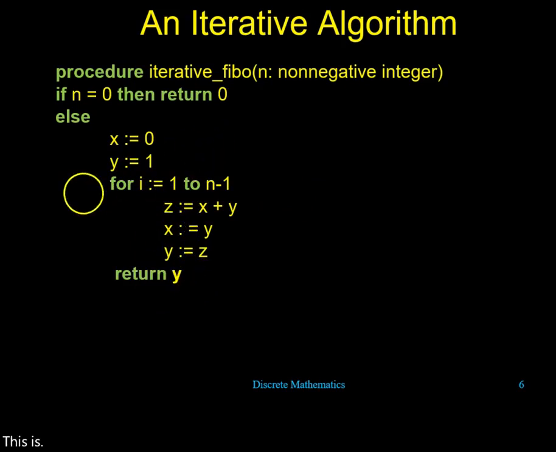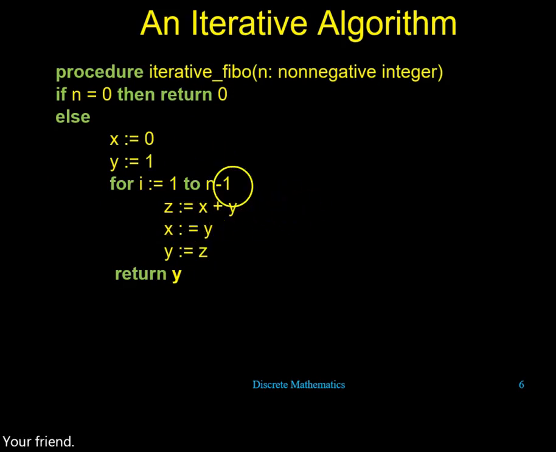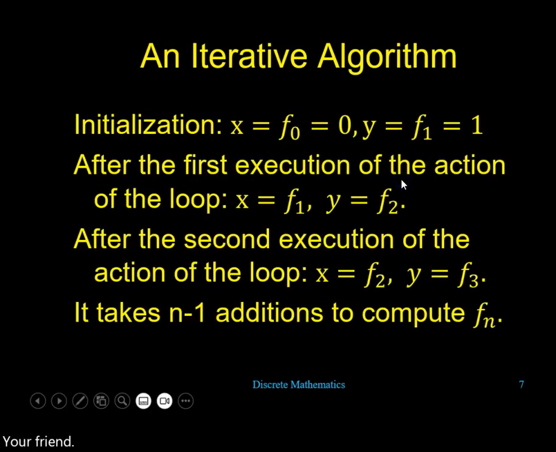This algorithm computes Fn step by step. So the algorithm first has this initialization. X is 0, y is 1.